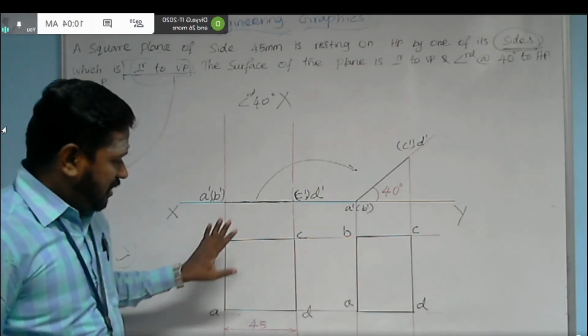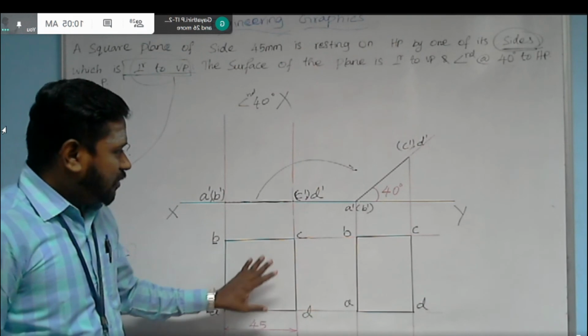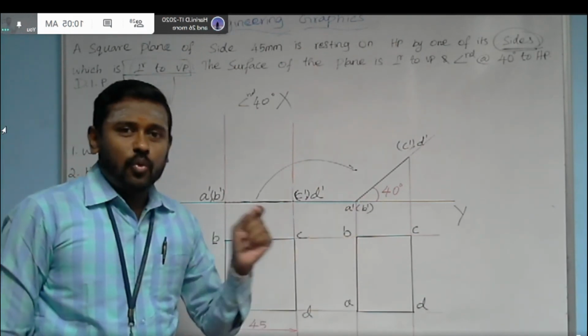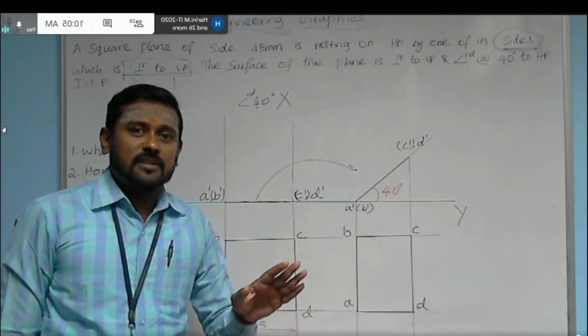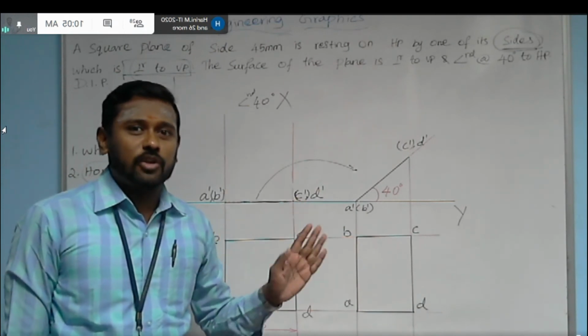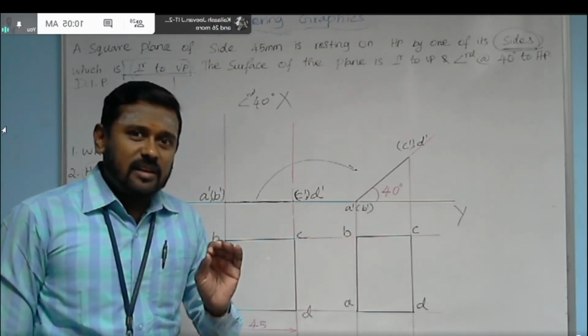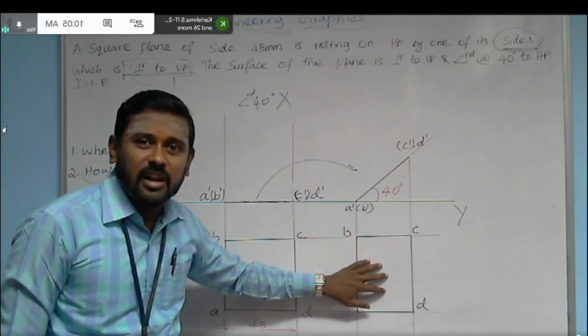But the real object in the question is a square. When you place the square in that way, with one edge resting on HP and perpendicular to VP, and the surface of the plate 40 degree inclined to HP, then the real front and top views are this: this is the real front view and this is the real top view.